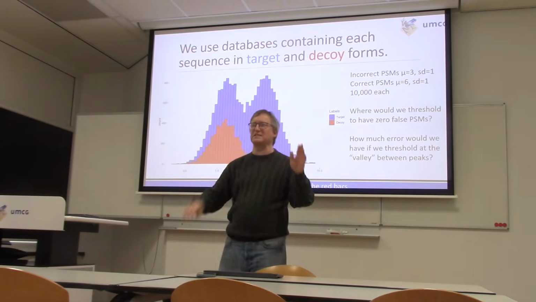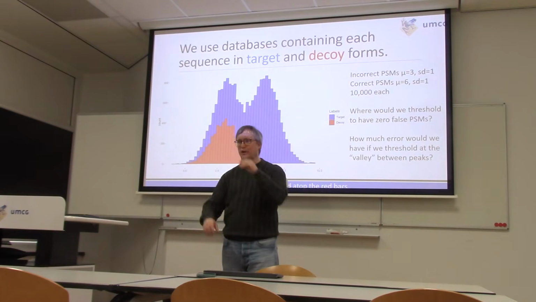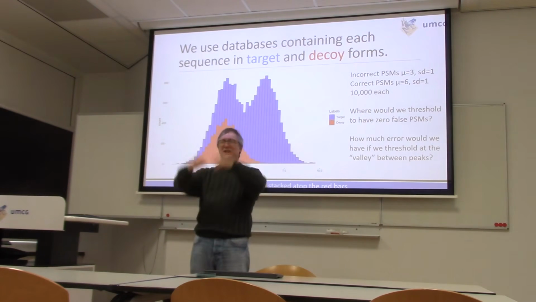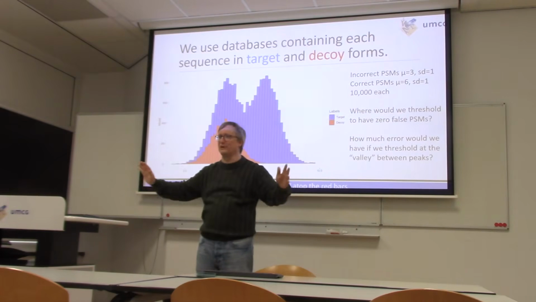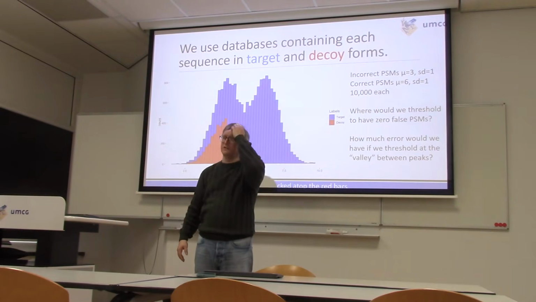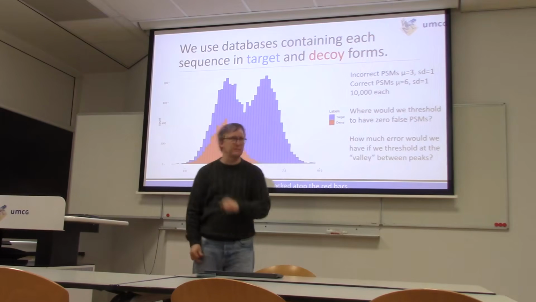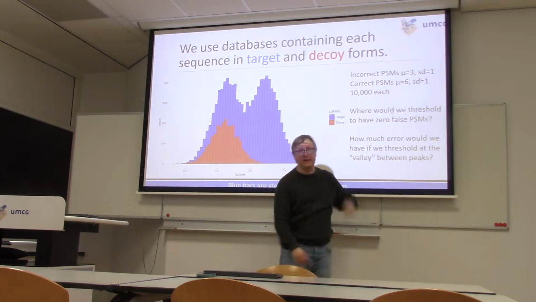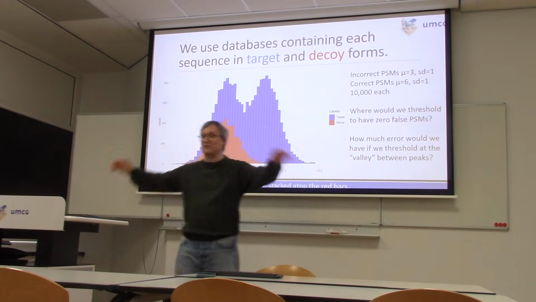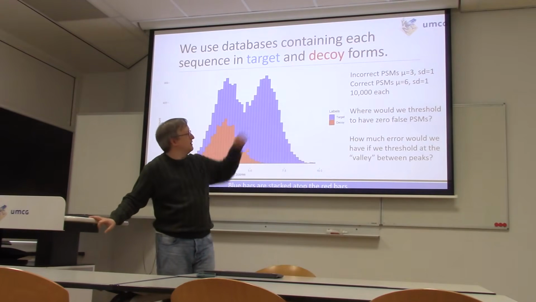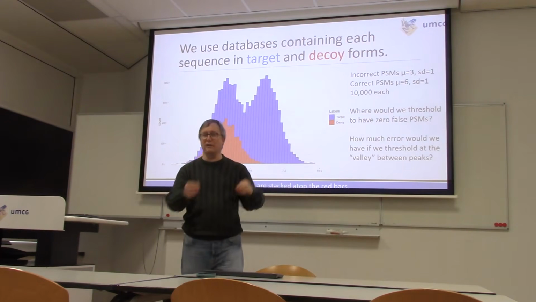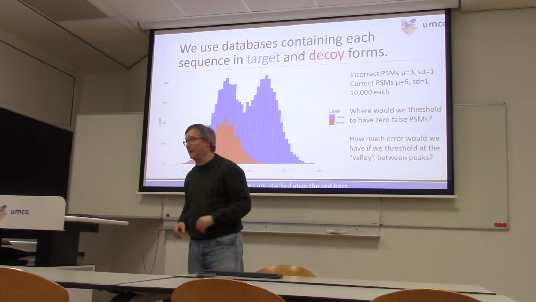So for the moment, let's step away from any one search engine out there. I'm going to use Dave's theoretical search engine for just a moment. Here we've mocked up a bunch of scores in R using a simulation. So let's say that among this collection of peptide-spectrum matches, I have an equal number of correctly identified and incorrectly identified spectra.